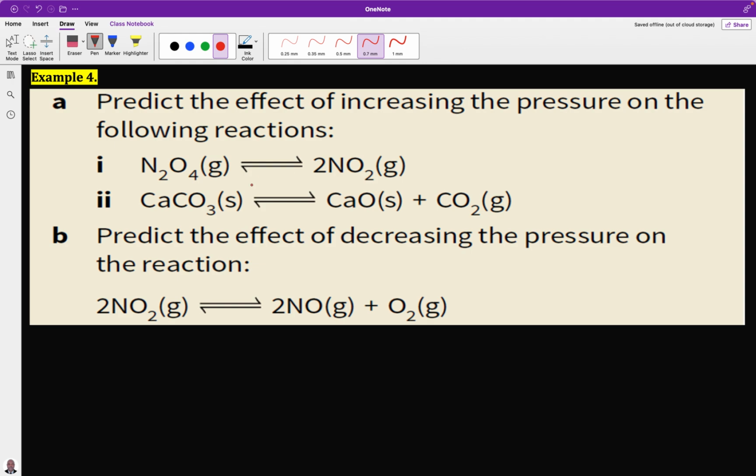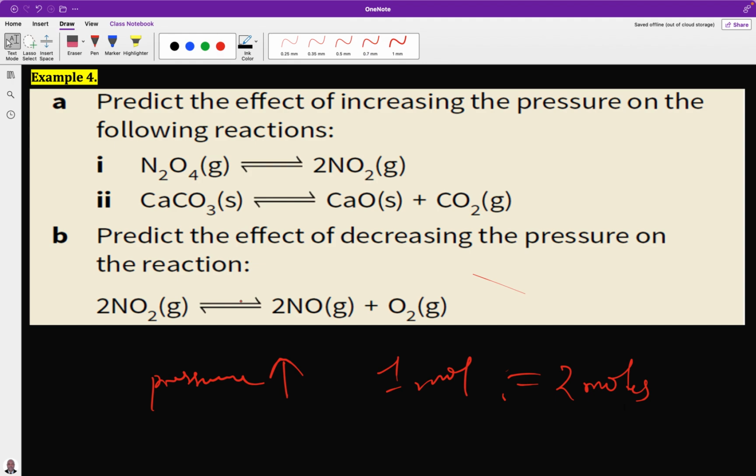Predict the effect of increasing the pressure. What happens when the pressure is increased? We have 1 mole to 2 moles.